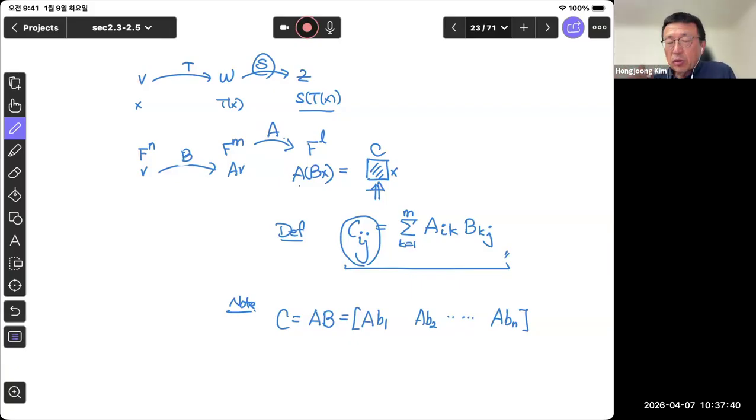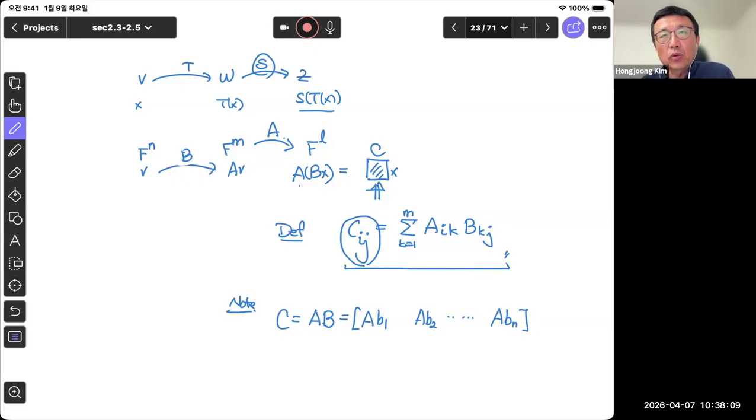Now the theorem or the note at the bottom says each column of the matrix can be computed column by column. You multiply the matrix on the left to each column of the matrix on the right. So there are two ways to visualize and derive this product.